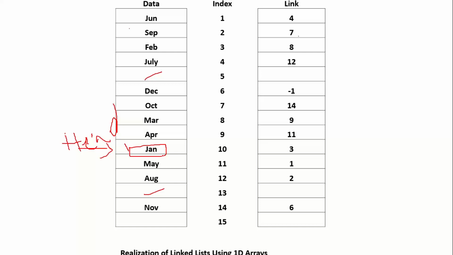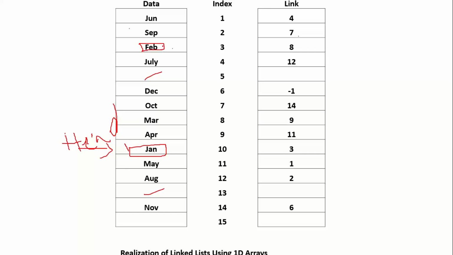So from January, you want to move on to February. How will you move? You have to check the link. The next data is stored at node number 3, so I'm moving to index 3. See here, February is stored at index 3.